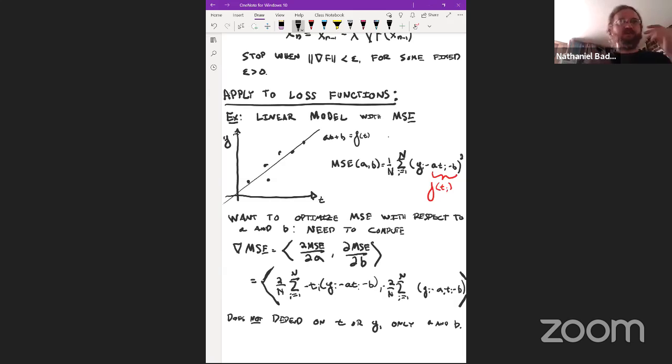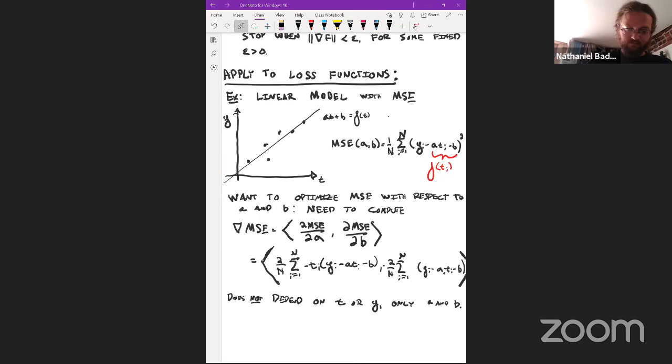There's nothing mysterious; the only variables that are appearing here are a and b at this point. And so then we optimize. So then (a_n, b_n) is equal to (a_{n-1}, b_{n-1}) minus lambda times the gradient of the mean squared error at (a_{n-1}, b_{n-1}).